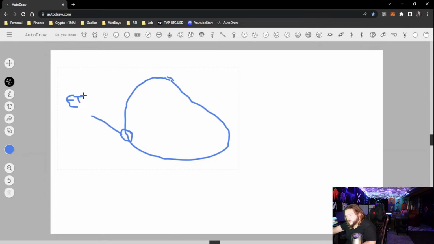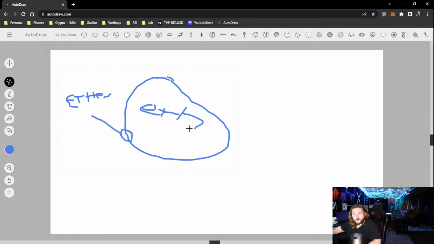Let's say this is ETH. You're buying Ether. If you don't know, Ether is the currency on the Ethereum blockchain, network, ecosystem, environment. So many names, but the blockchain, Ethereum.